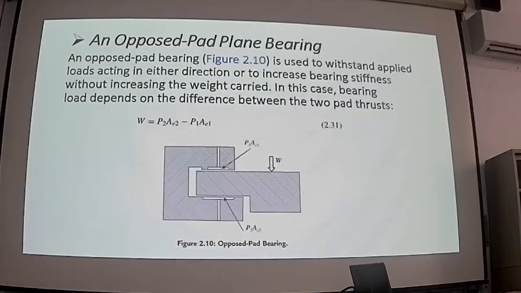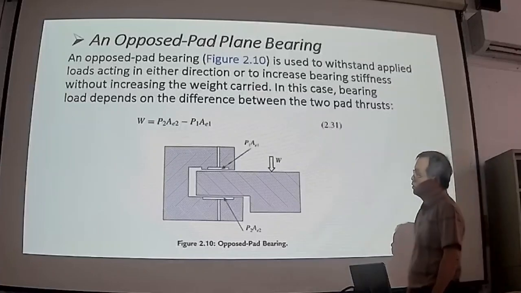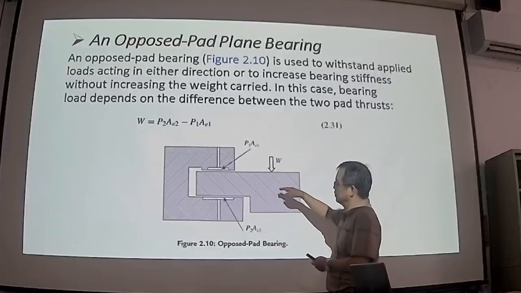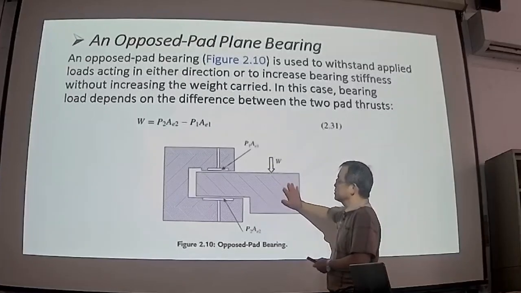And this is the other design. Most machine tool applications have a closed opposed-pad bearing. In this case, this is a slide table, and this is a fixed rail.